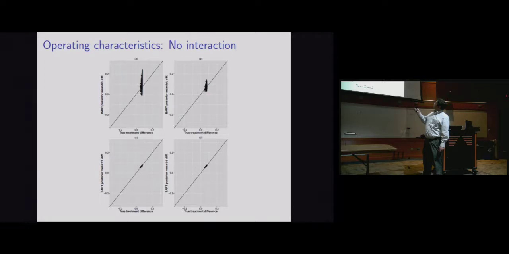With the larger data set, it's much smaller. As you average across the data sets in a repeated simulation setting, there's very little bias here. So it's matching up quite well with the difference. So it does well both with a complicated as well as a no interaction model in terms of finding what you want it to find.